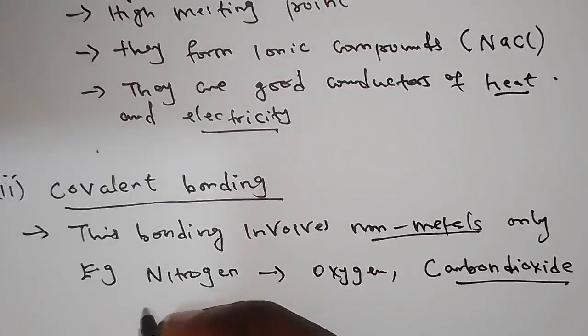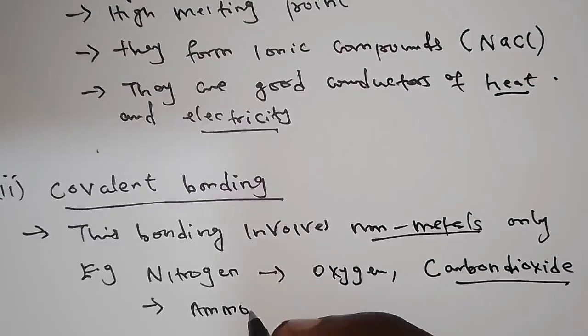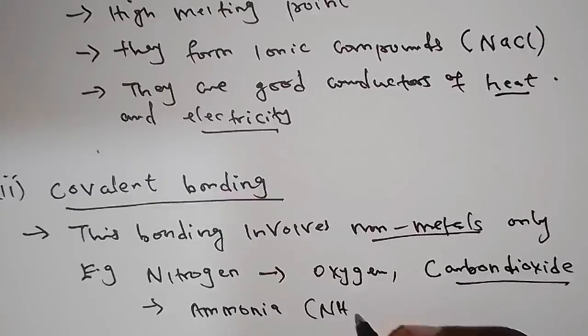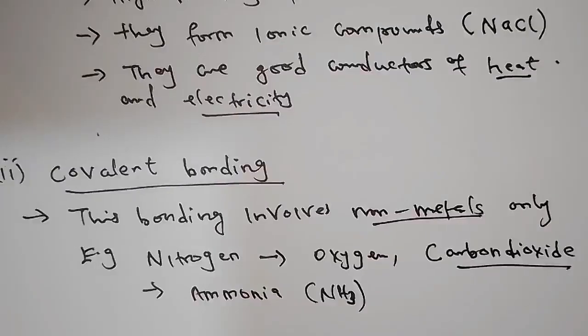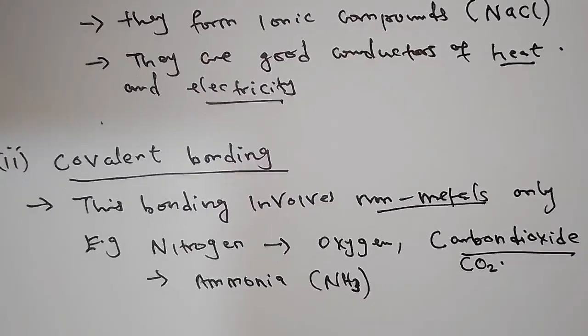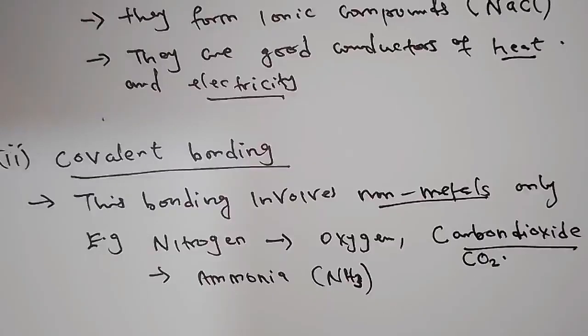We can also have another example like the bonding that we find in ammonia, and carbon dioxide is just CO2. So in the examples that I've given, all of these exhibit what is called covalent bonding.